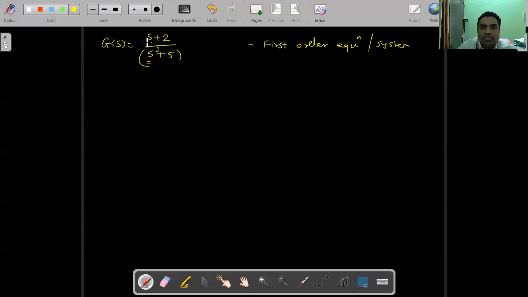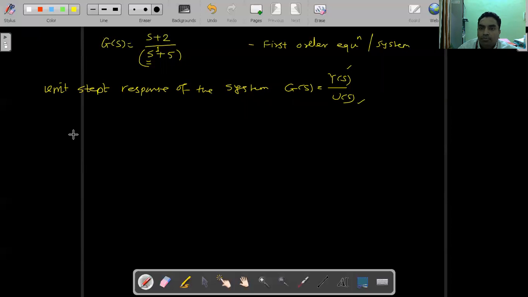So let us see the unit step response of the system. G of s is equal to Y of s upon U of s. Y of s is output, U of s is input. Right?